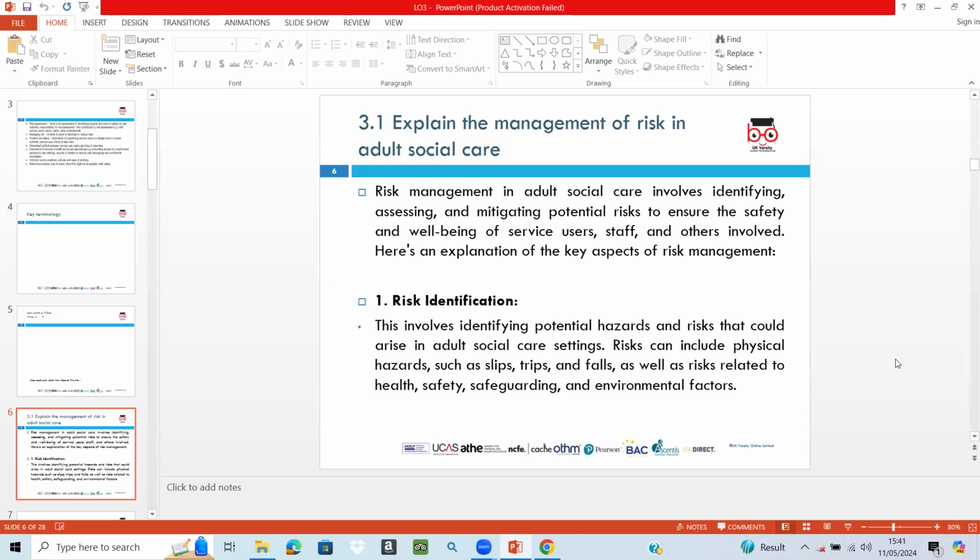So we need to consider factors such as building safety, emergency preparedness, fire hazards, and environmental conditions that could pose risk to the health and safety of individuals and staff. By conducting thorough risk assessment and actively identifying potential hazards in adult social care settings, organizations can proactively address risk, implement preventive measures, and create a safer and more secure environment for service users and staff members.